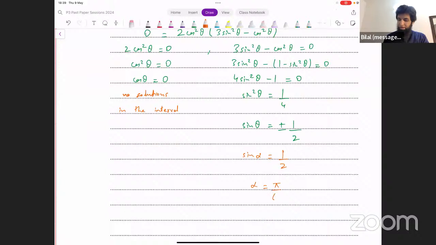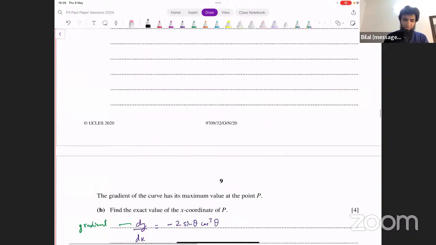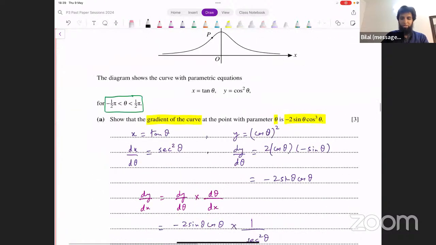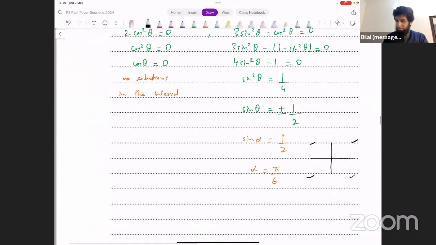Now, which quadrant can it be in? Now, this says it can be any quadrant. Plus minus, right? Plus minus means it could be any quadrant. However, the interval that we're given, that is from minus pi over 2 to plus pi over 2. What does that mean? This is minus pi over 2. This is plus pi over 2.